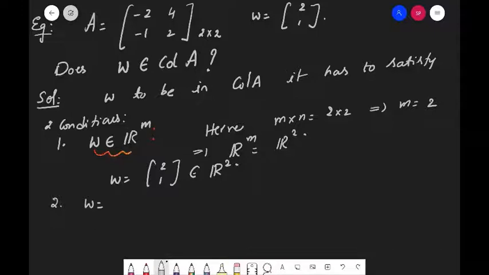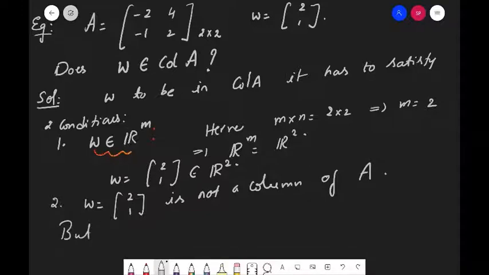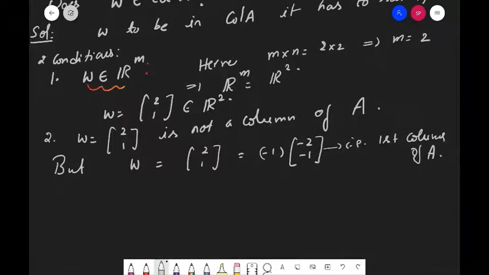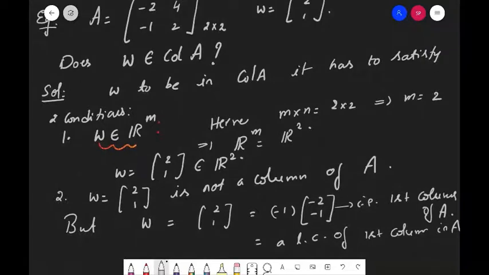Now W is equal to 2, 1 is not a column of A, but we can write it as a column which is equal to, W is equal to 2, 1, which is equal to minus 1 into minus 2, minus 1, which is the first column of A. So though it is not a column of A, it is equal to a linear combination of the first column in A. So W, though it is not directly a column in the matrix A, 2, 1 is not present, but it is a linear combination.